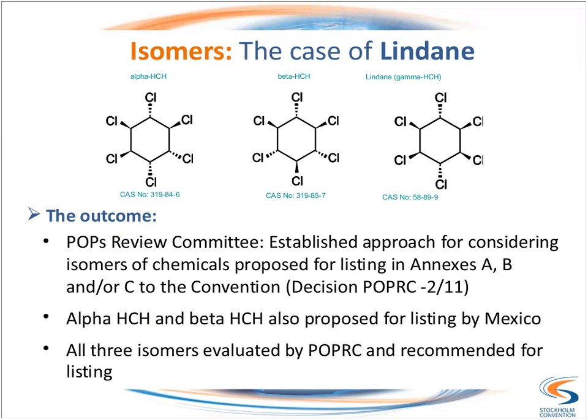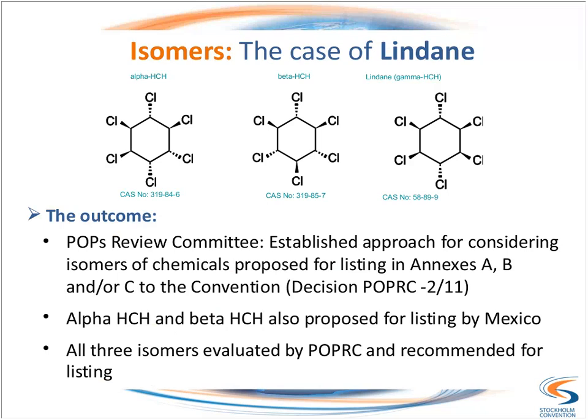So the outcome was that originally lindane was notified by Mexico, the substance on the right. And then at the same time, the POPs review committee realized when they were looking at lindane that alpha and beta were also produced in the past. Okay, and the POPs review committee knew that alpha and beta also had POPs-like properties. So the question was, could the POPs review committee assess alpha and beta also, although only lindane was notified?